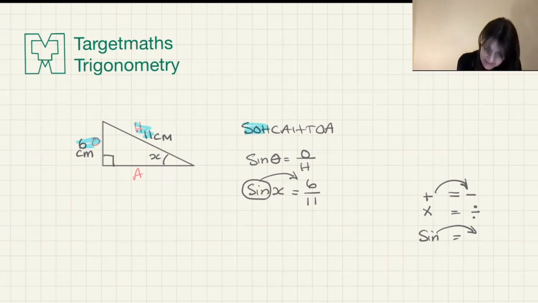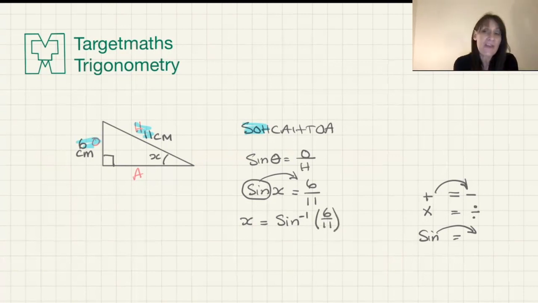So when this sine lands, it will leave X on its own. You then write the sine, so it lands kind of in front of the fraction with its -1. That's really important. The calculator is going to automatically open up a bracket. So it's good practice to just show that, I think, and then closing your bracket. And that's what you end up typing into your calculator.